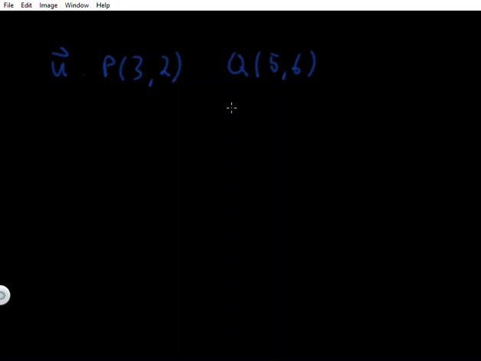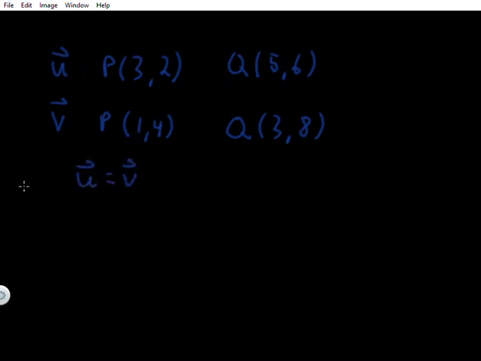And I also give you another vector, call it v, and v has initial point at (1, 4) and terminal point Q at (3, 8). And I want you to show that these vectors, u and v, are equivalent. Give that a try.